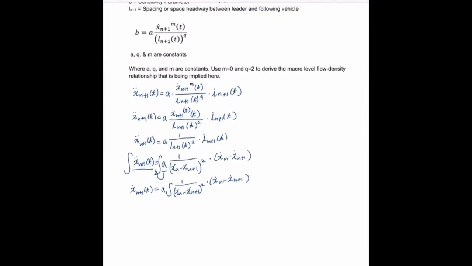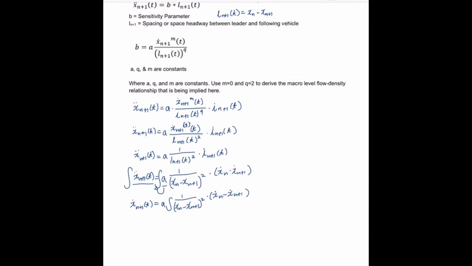Now to solve this problem, I'm gonna use the substitution method. I can let u equal xn minus xn plus 1. And if you take the derivative of u, it becomes du equals the relative speed with respect to dt. So I can substitute u here, and du can substitute the relative speed here.